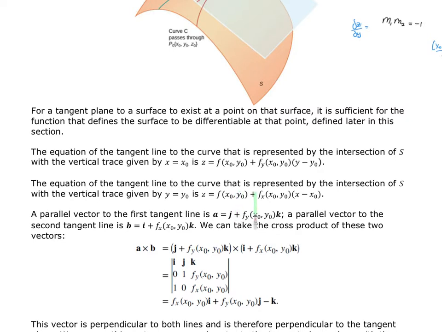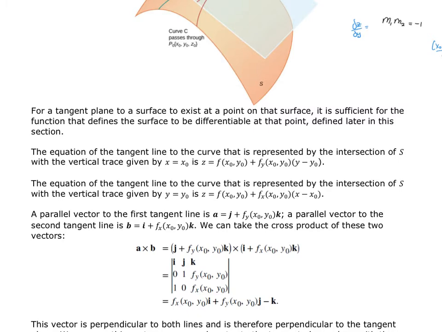And the equation of the tangent line represented by the intersection of S and the vertical trace given by y equals y naught is z equals f of x naught, y naught plus the partial derivative with respect to x of x naught, y naught, and then x minus x naught. Now the parallel vector to the first tangent line is given as this. A parallel vector to the second tangent line is given as this.